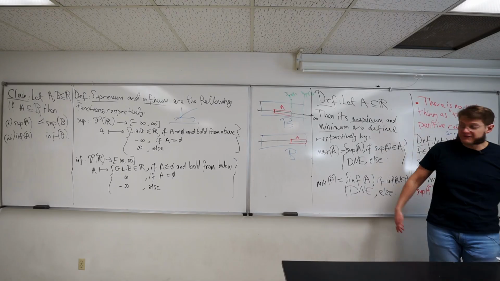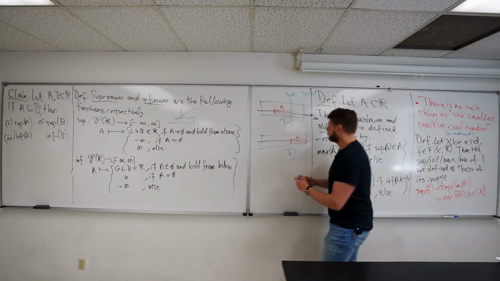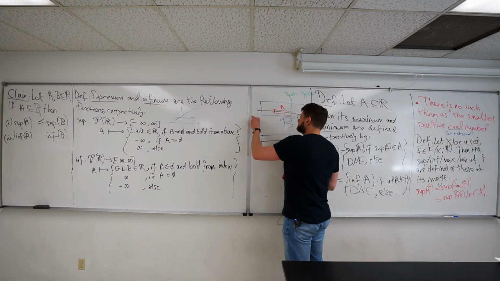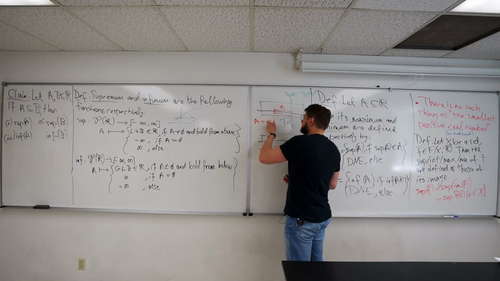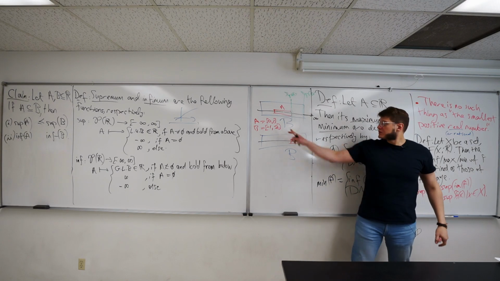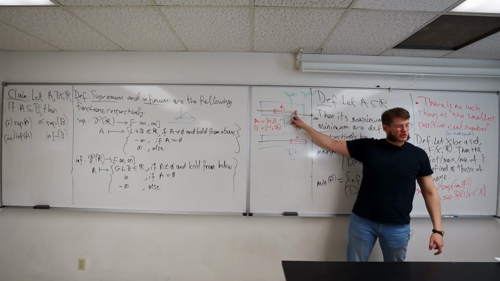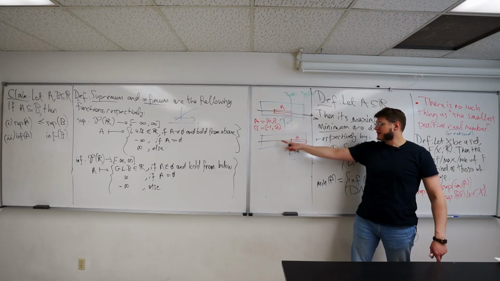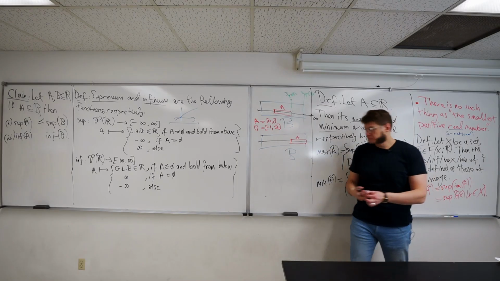If this doesn't make sense to you, you can say something like this. A is maybe 0, 1, and B is minus 1, 2. This corresponds to this. And in this case, this would be like 0, 1 and minus 1, 1, if you want.